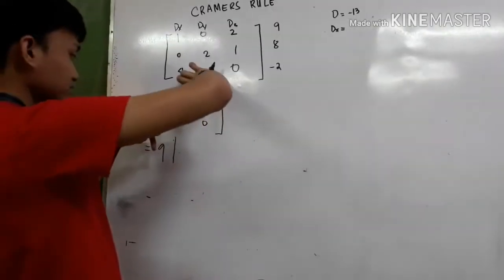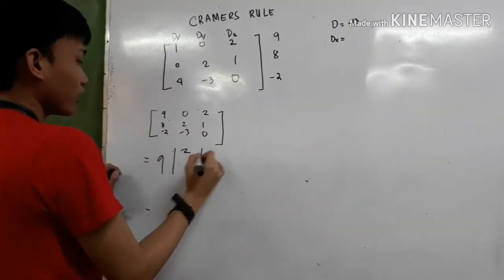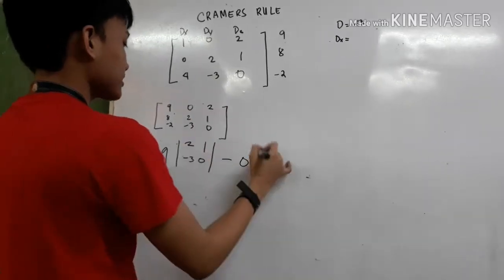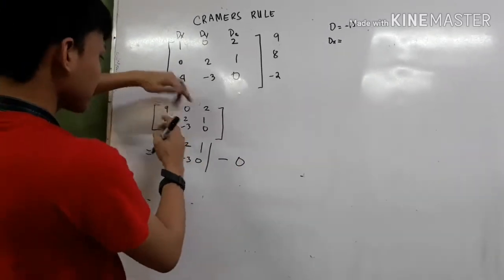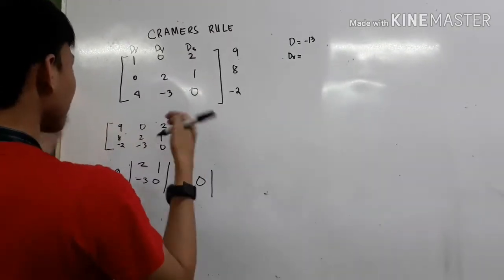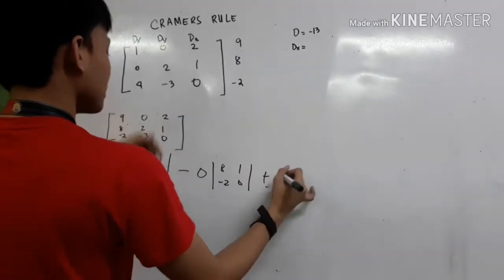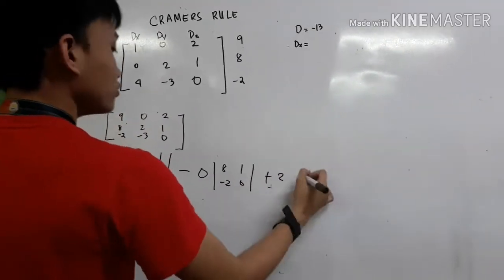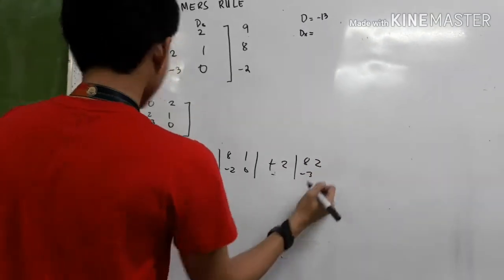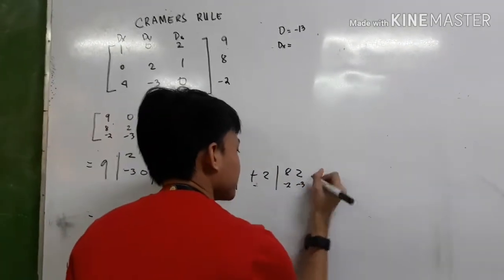So eliminate this portion, then the values left are 2, 1, negative 3, 0, minus 0 times, eliminate this portion, then the numbers left are 8, 1, negative 2, 0, plus 2 times 8, 2, negative 2, and negative 3.